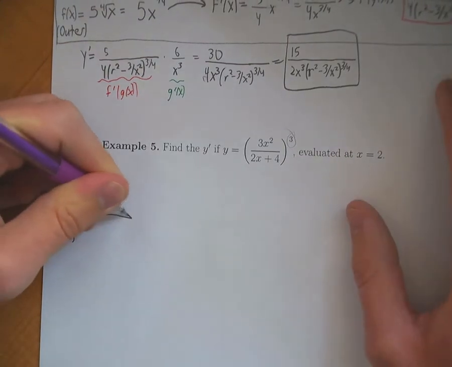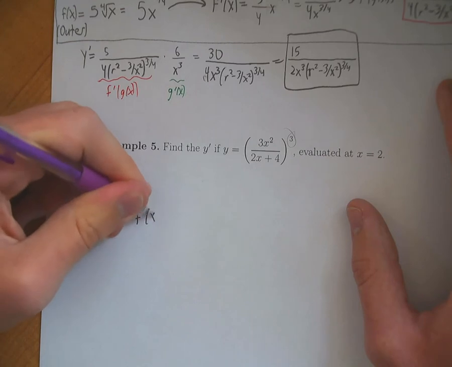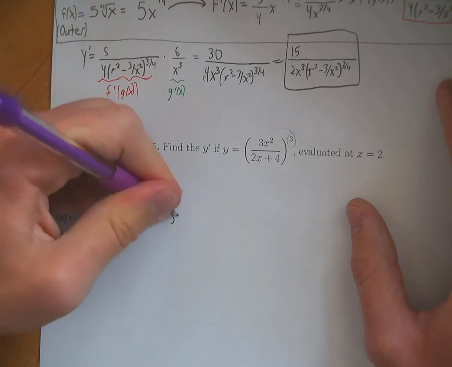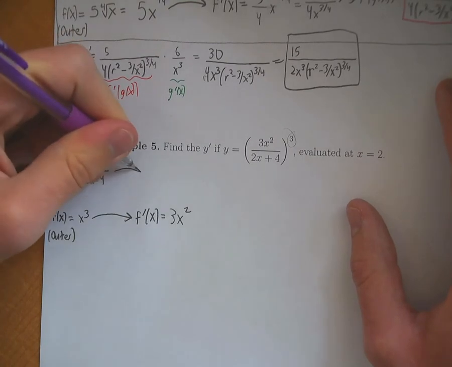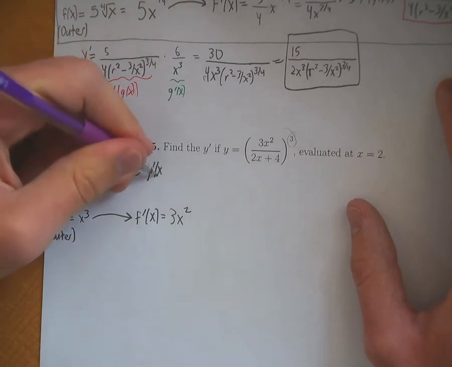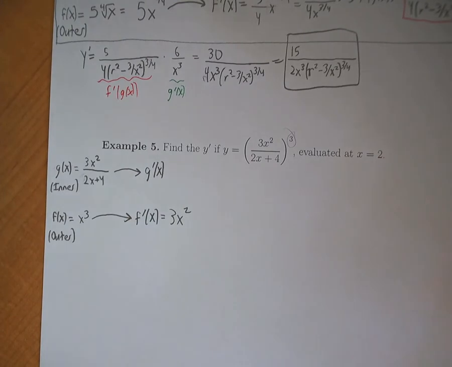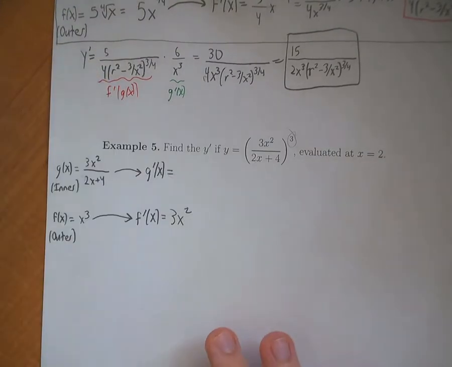If we differentiate, f prime of x is just power rule, that's just 3x squared. Nothing too crazy with that. But what about g prime of x? That's going to be a bit trickier. So how are we going to differentiate this?